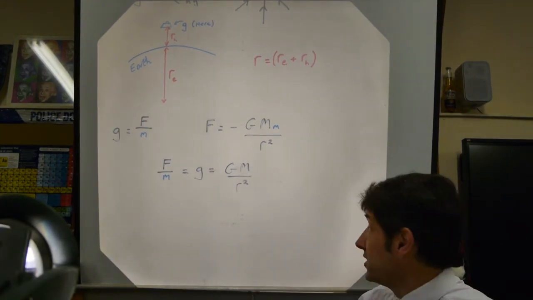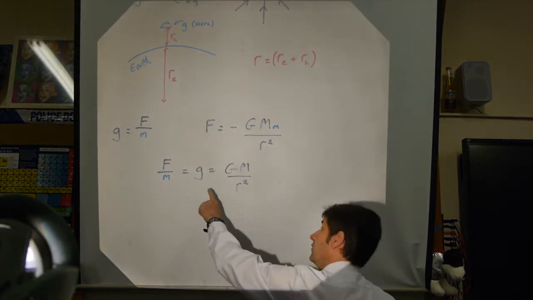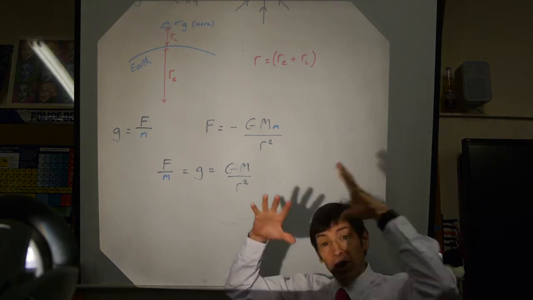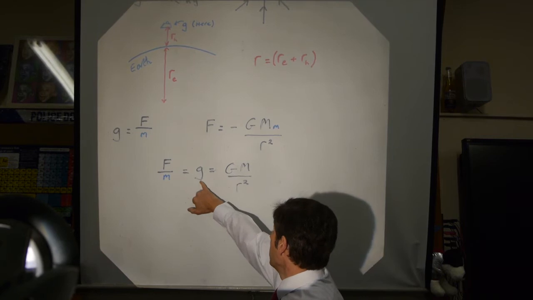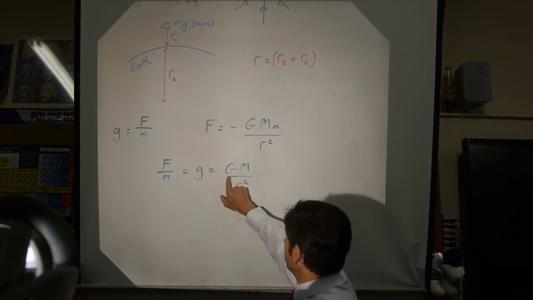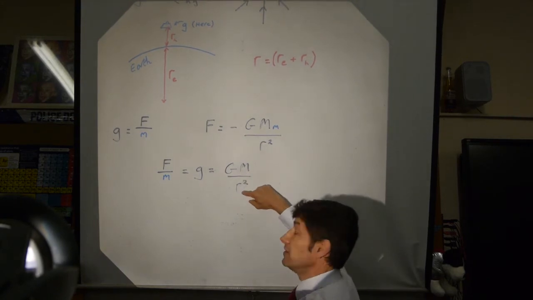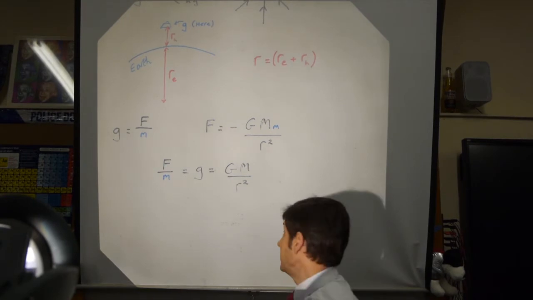Okay, so what we've done here is we've shown that the gravitational field strength at any point away from a large point mass, or any point mass in fact, will be equal to big G, the gravitational constant, multiplied by that mass, divided by the distance you are away from the centre of it.